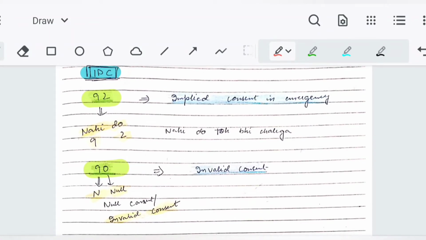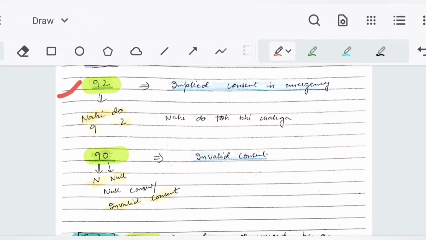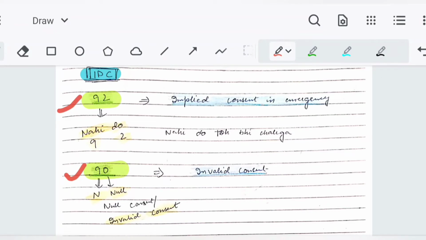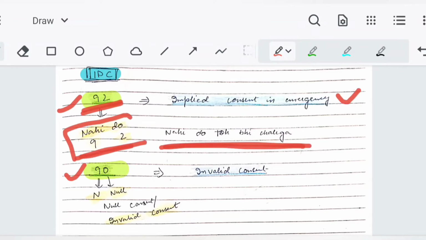Now coming to IPC 92 and 90. Okay, 92 is implied consent in emergency, that is, no consent is needed during the emergency. So it says implied consent in emergency. So 92 is "nahi do to bhi chalega", even if you don't give consent, it's fine.